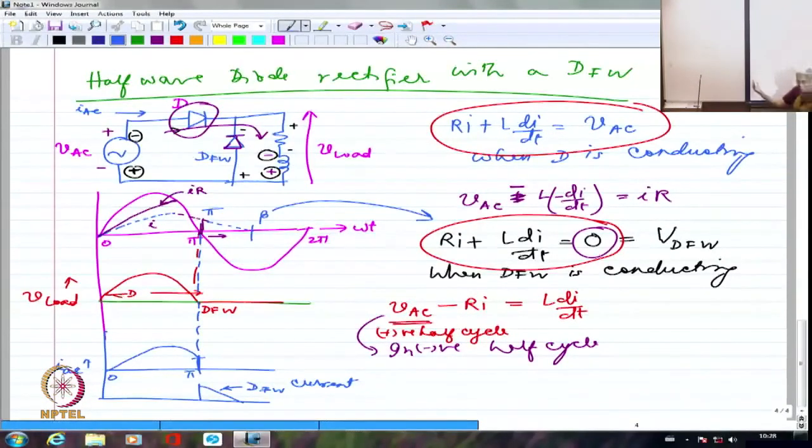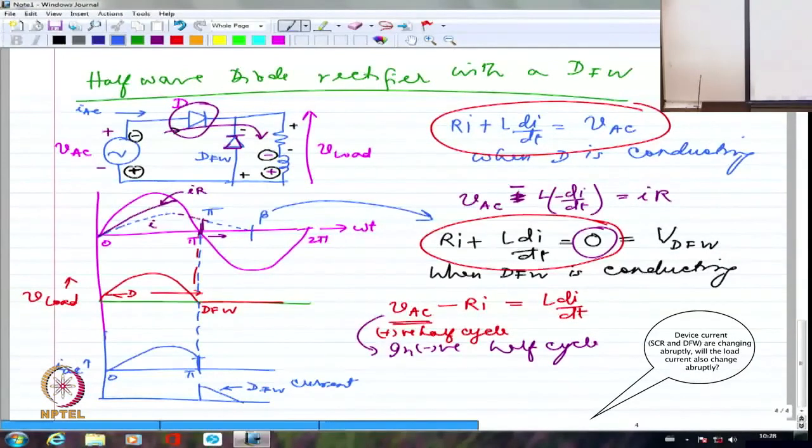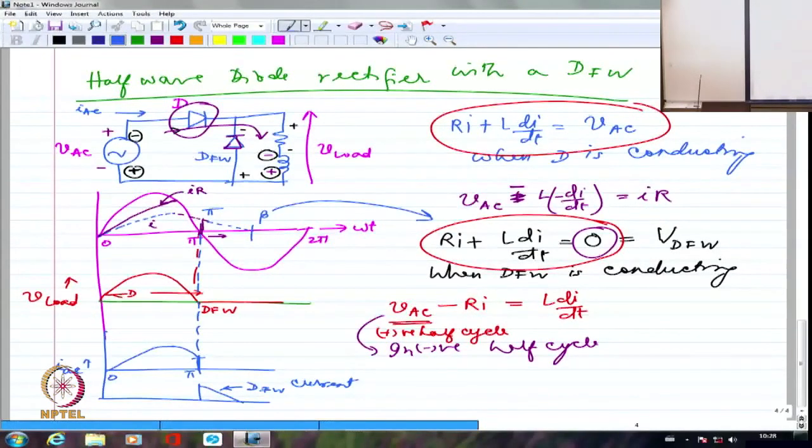You can see that abruptly the current comes down to 0, and here abruptly the current rises. Whatever is going through the load, that is continuous. Initially that current was being supplied by the D from the supply. Later on it is continuing because of the inductance, but it is freewheeling through the diode.